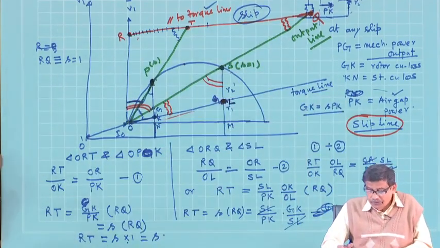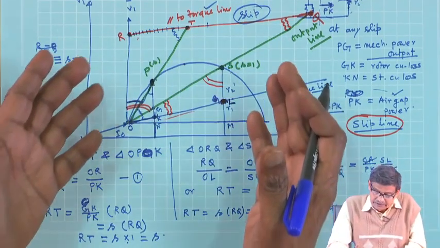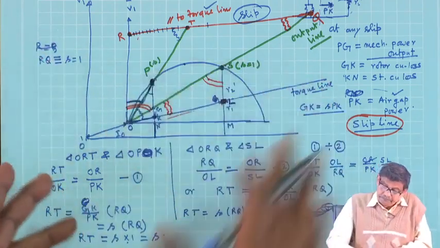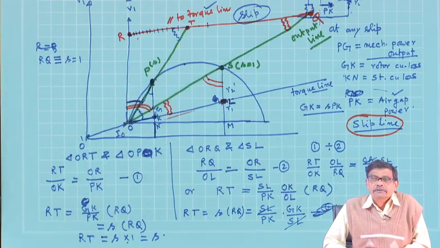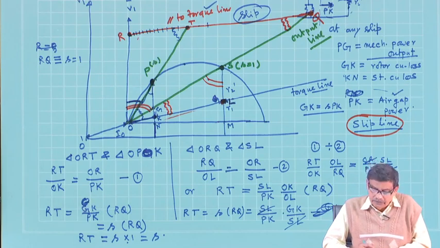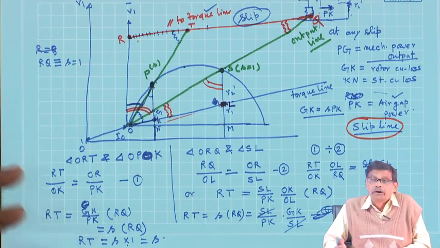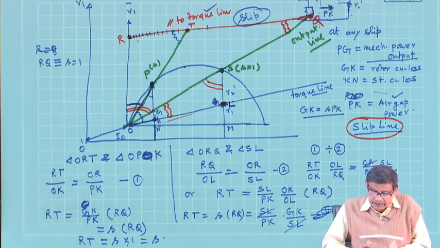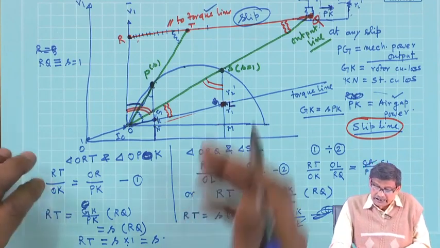So, for a motor, if you have this circle diagram drawn, then you can estimate the performance of the machine for any value of slip between 0 to 1. So, that is about the slip line.